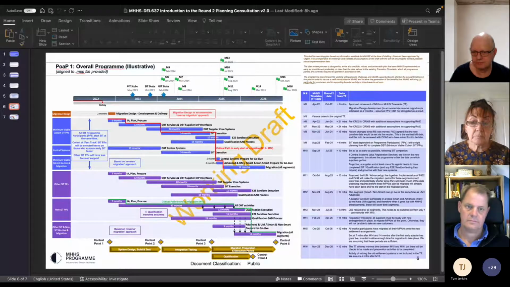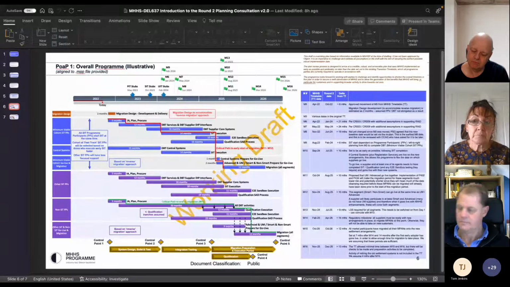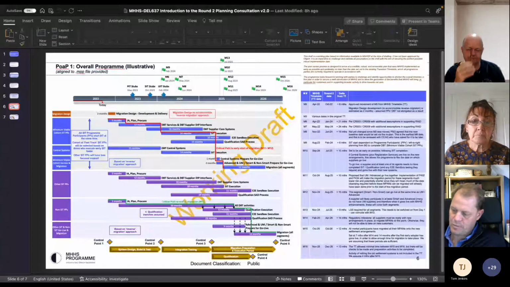I think one question we had, and this might help others, they may not have had the same confusion as us. In the first round of the replan, it was very clear where registration systems sat because you kind of spelt it out within the diagram.